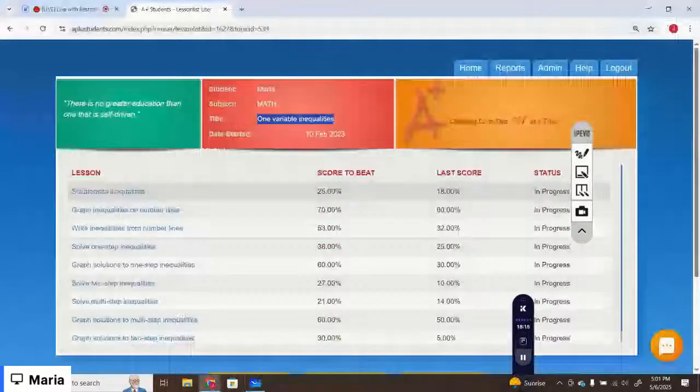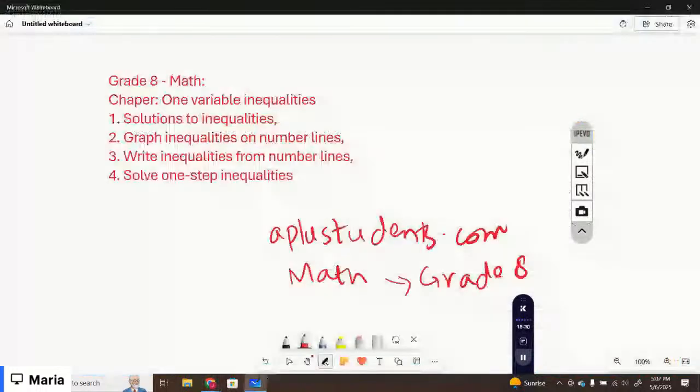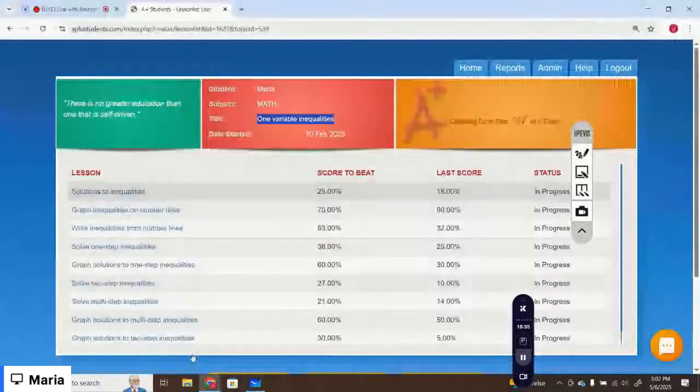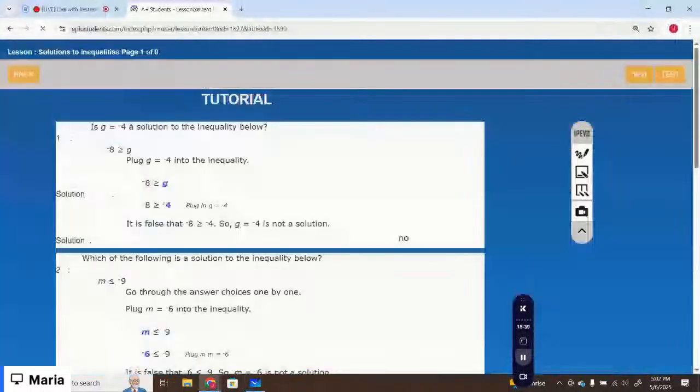The chapter we are on right now is one variable inequalities. So let's just start with the first lesson, solutions to inequalities. Is G equals negative 4 a solution to the inequality below?